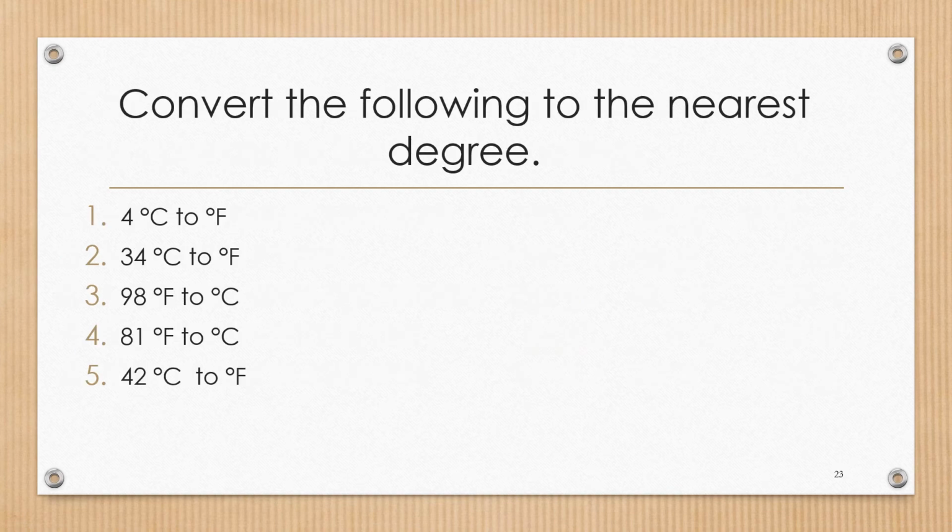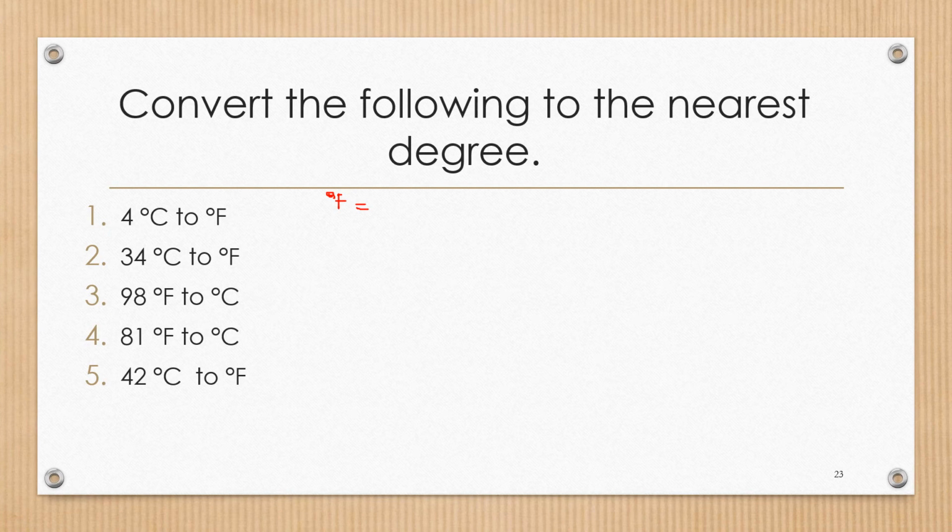Convert the following to the nearest degree. Okay, so how are we going to do that? Now, this is easy. You just use the formula. Using your calculator, let's practice. Number 1. We're looking for degrees Fahrenheit. So please hold on to your calculator.